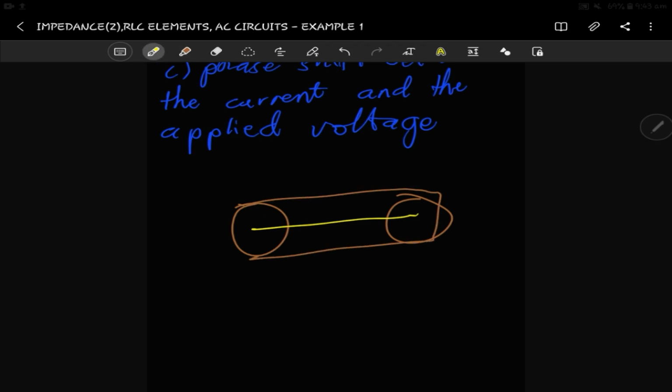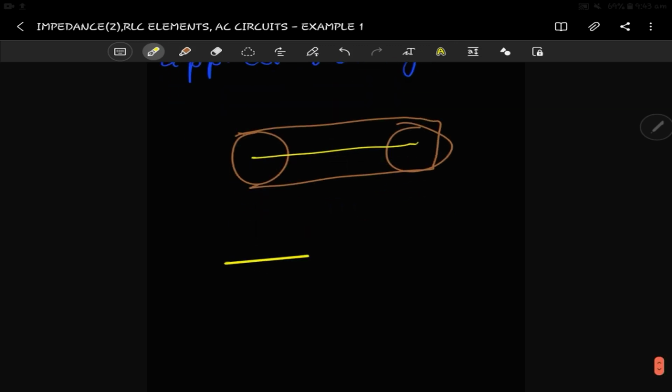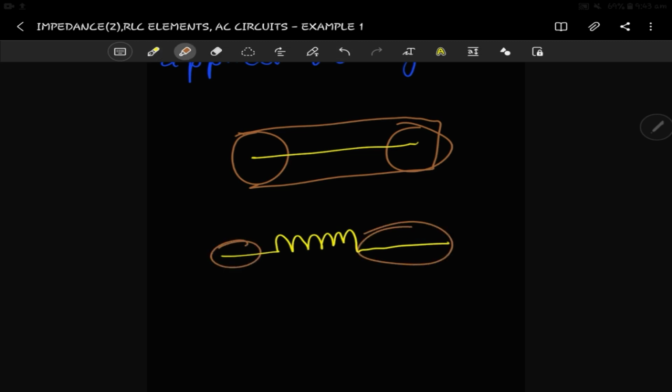But if you look at an inductor, the inductor has a straight side, and it has this core side, and it has this. So what it means is that this particular side of the whole element has some sort of resistance, right?